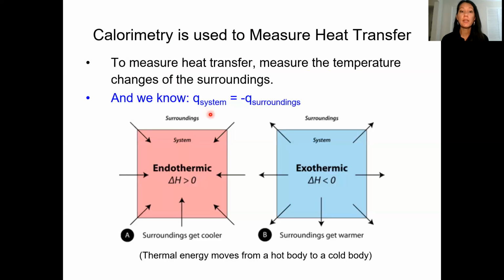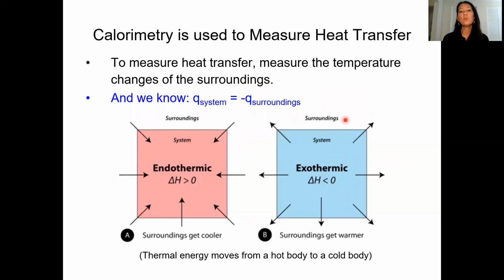We know the heat transferred to or from a system is the exact same heat absorbed or released from the surroundings, but with the opposite sign. So just visually, if you have a system here, pink, one that's endothermic, it absorbed heat from the surroundings. Conversely, if you have a system that's exothermic, it releases heat to the surroundings.